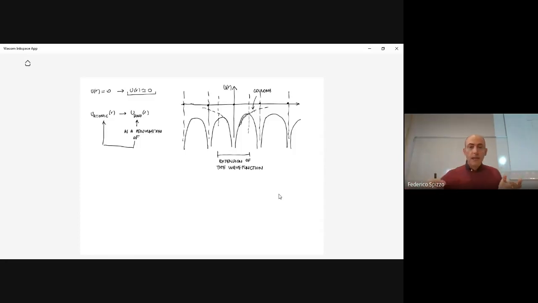So that means that, in principle, the wave function may extend up to infinity, but the range of positions where the probability density to find an electron is significantly different from zero is reduced, so is of the order of the extension of the atomic wave functions.